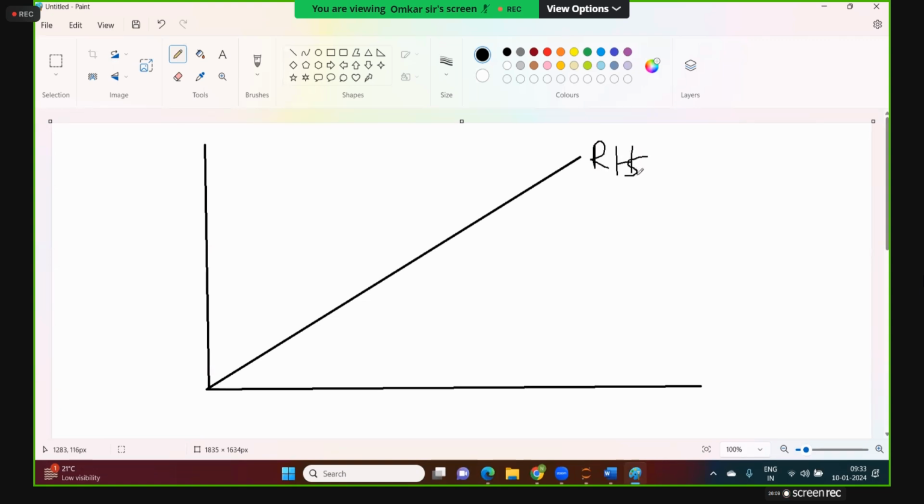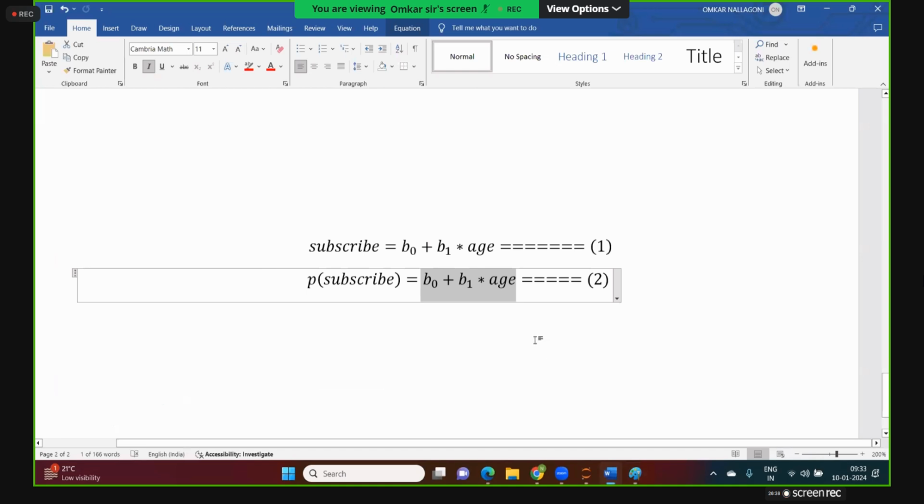But your LHS probability values are going where to where? 0 to 1 only. Not only that, you might get positive values more than 1, and you might also get negative values for the regression equation on the RHS. Understood that?